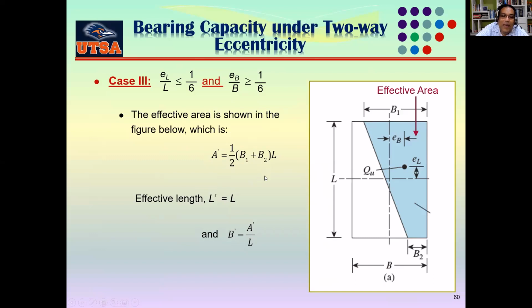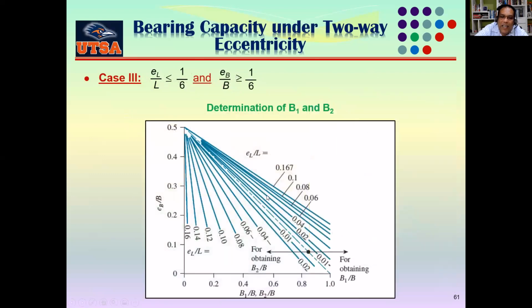Now, you have to find out in the same way what your B1 and B2 would be. You can see your L is not changing, but your B is getting smaller. So the effective length remains as L. And you try to find out your B1 and B2 from this chart here.